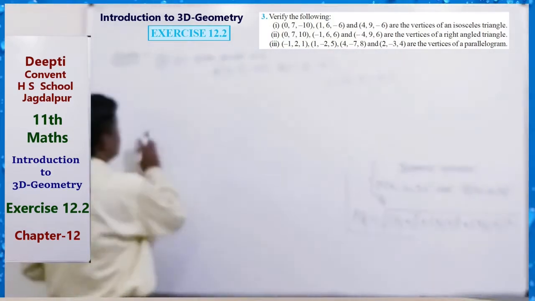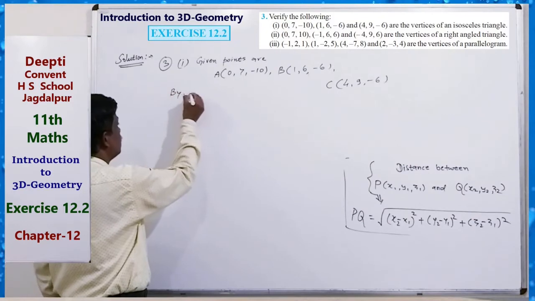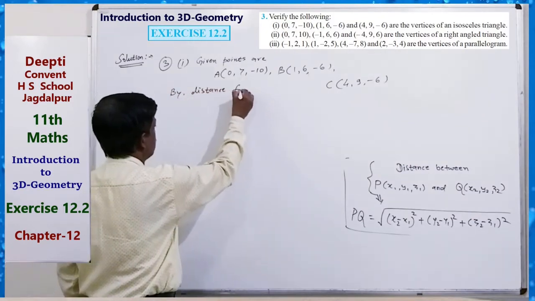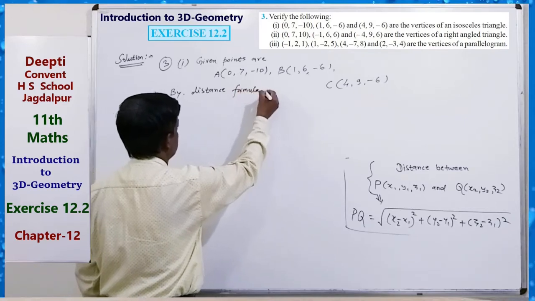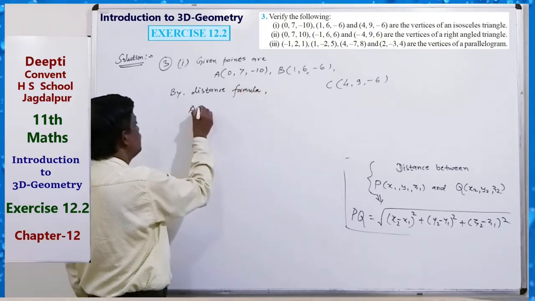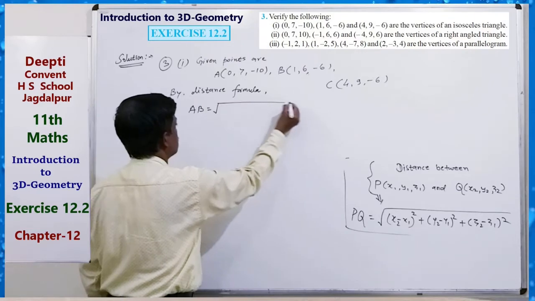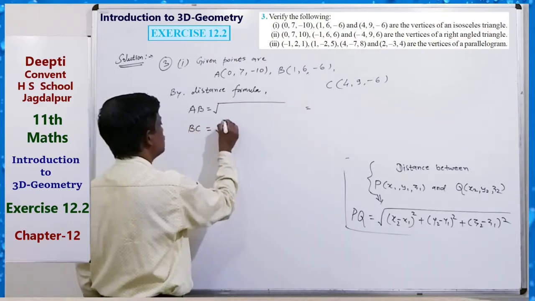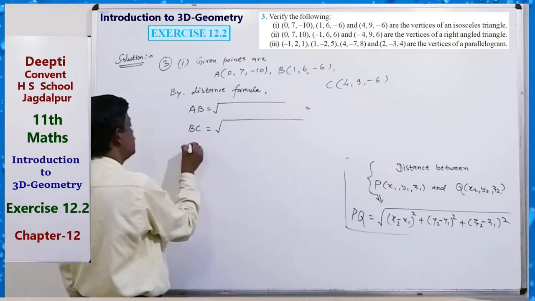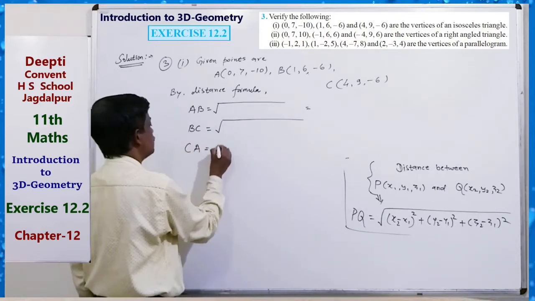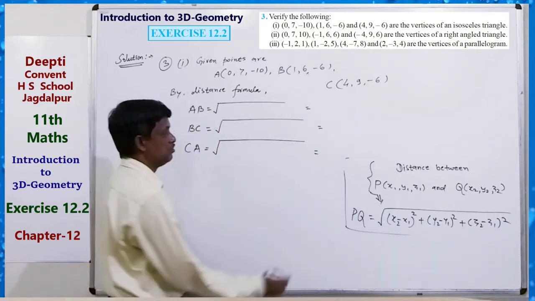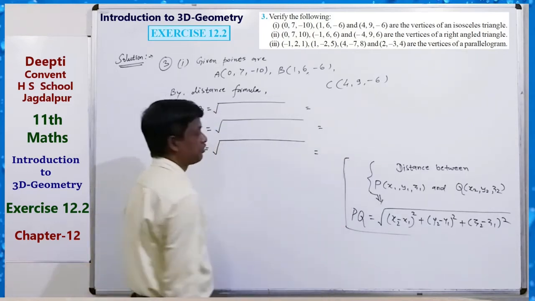So here by distance formula, AB equals, BC equals, and CA equals. What are the values? Just find the value.